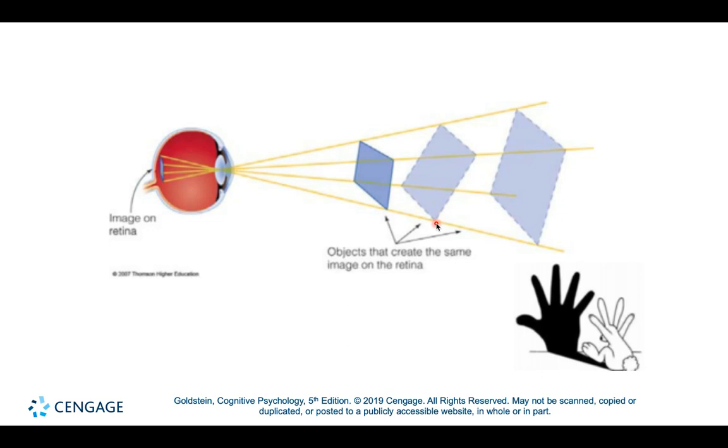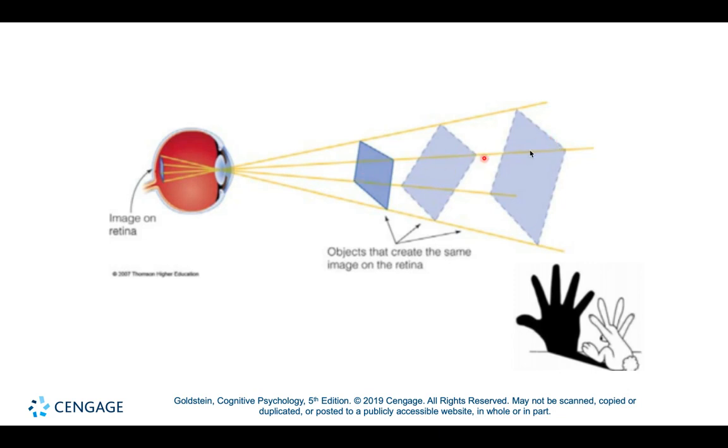So literally, based just on retinal image, your brain should be unable to distinguish between this upright, close square, this larger, tilted, but slightly further away square, and this even larger, tilted, and slightly more further away square.